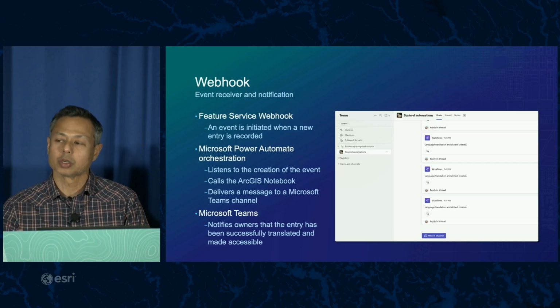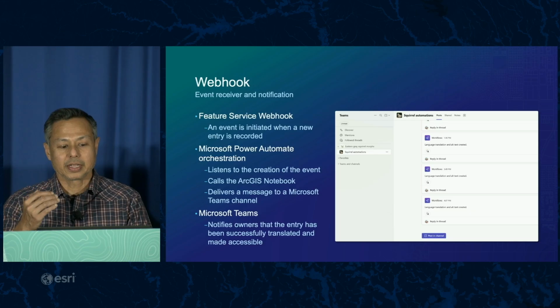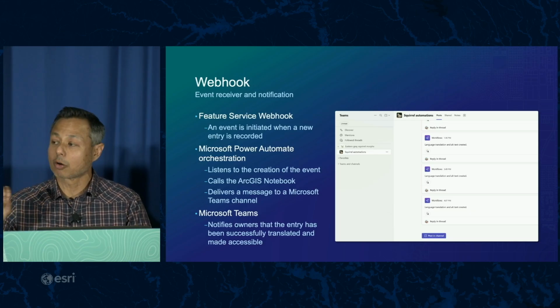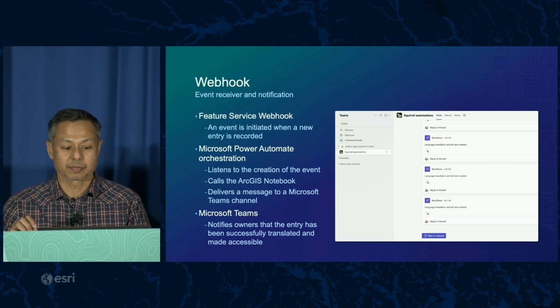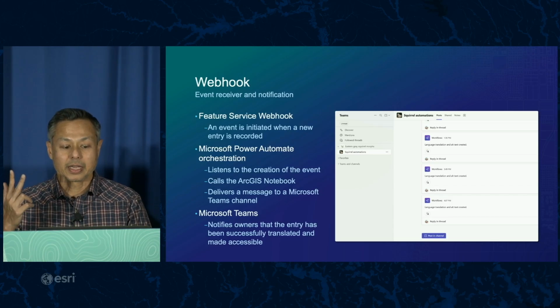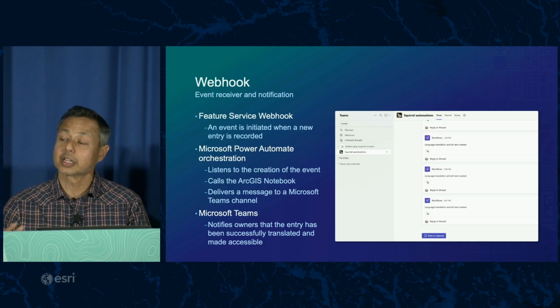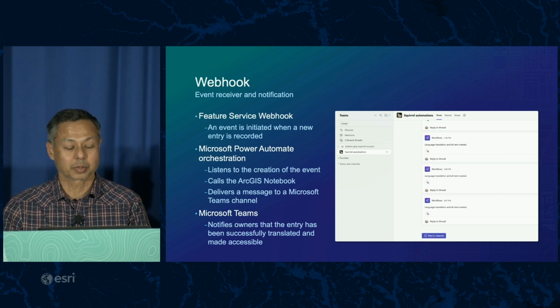Once a squirrel is logged, that is captured using the survey, that is then using that webhook, it sends information off to Power Automate. And that orchestration within Power Automate itself, it listens, it calls the notebook, and then it also delivers a message to a Microsoft Teams channel just as a notification that a squirrel has been logged and the translation of it has been processed.